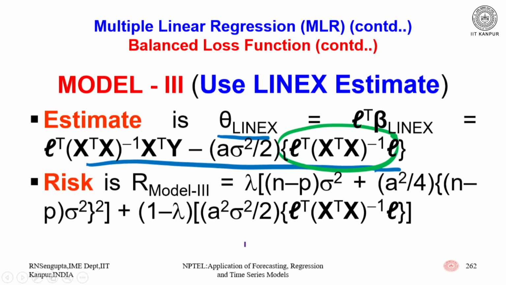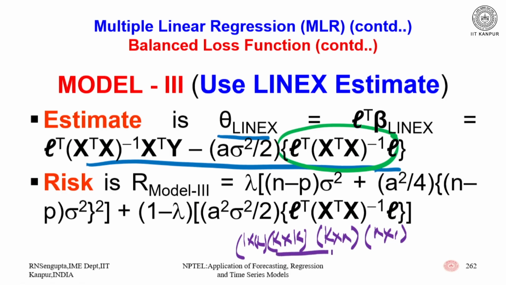So, x transpose x is basically k cross k, L transpose would be 1 cross k, x transpose you know is k cross n, y you know is n cross 1. So, 1 cross k into k cross n is 1 cross n, and 1 cross n into n cross 1 is 1 cross 1. So, it is also a scalar. So, the estimate theta LINEX is a scalar, because theta has to be a scalar.